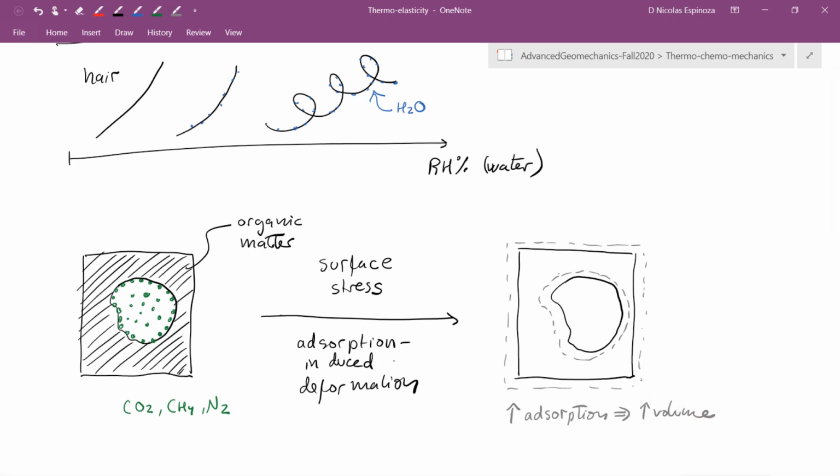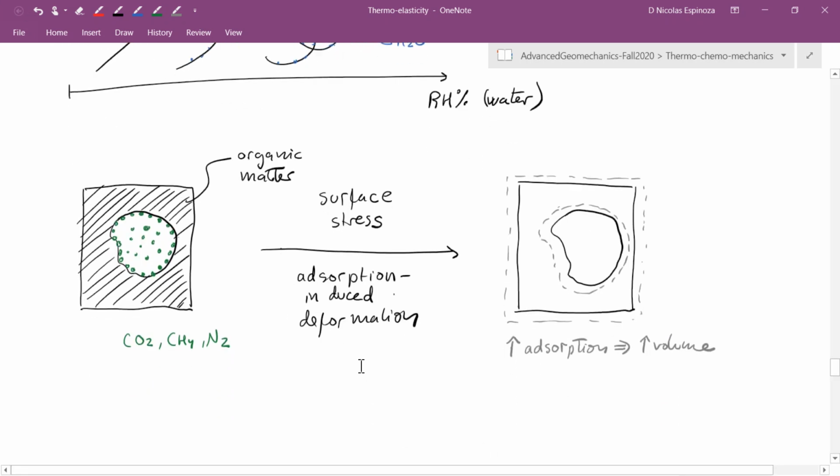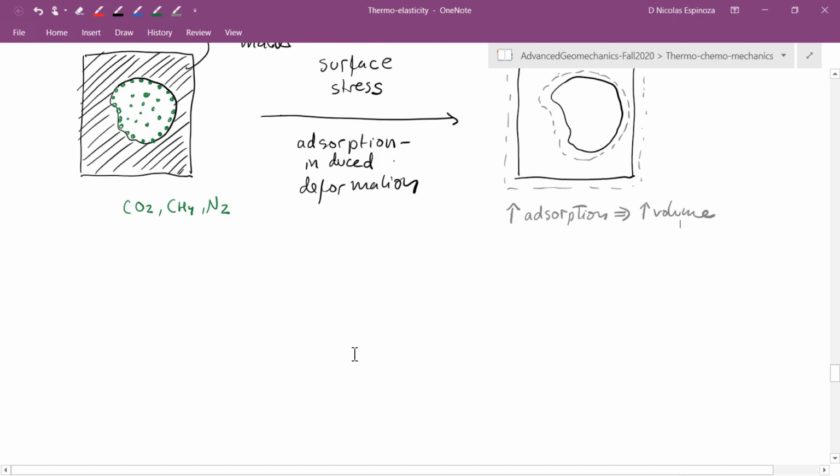Okay, so let's see how we can analyze this a little bit more rigorously, and how we can implement this phenomenon into reservoir geomechanics. The first thing that we're going to do is quantify this amount of sorption. And this is usually done through what is called a Langmuir isotherm.